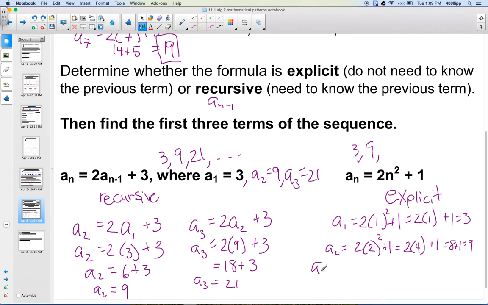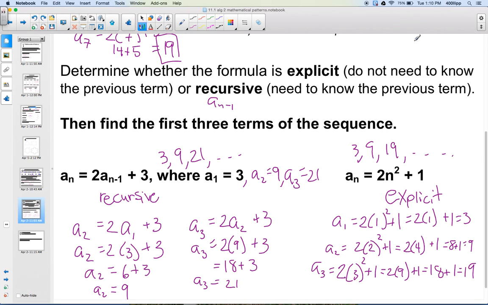And then a sub 3, we're going to plug in 3 for n, because we're finding the third term. 2 times 3 squared plus 1. Remember, do order of operations, do your exponents before you multiply. 3 squared is 9, 2 times 9 is 18, plus 1 is 19. So our third term is 19.